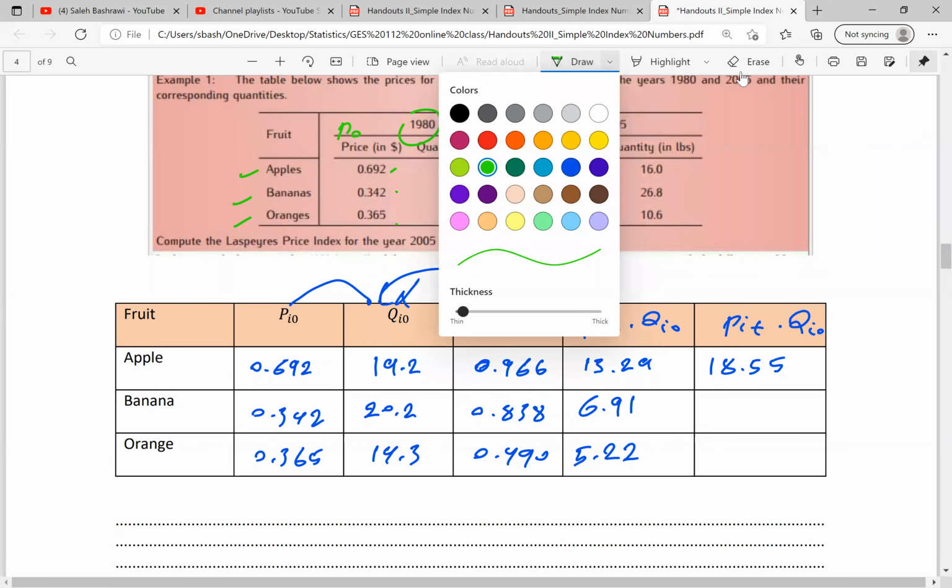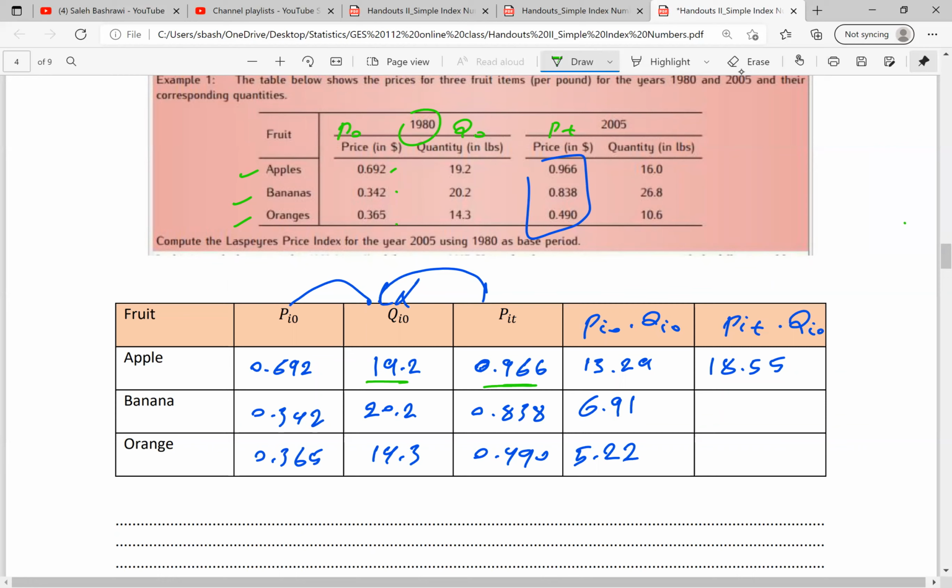I'm multiplying this with this one. Next one, 20.2 multiplied by 0.838, equal to 16.93. Next one, we have 14.3 multiplied by 0.490, which is equal to 7.